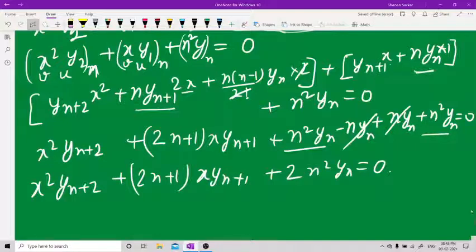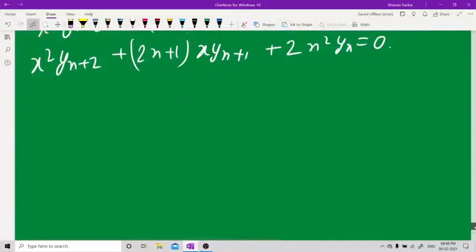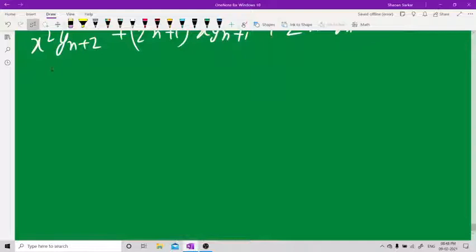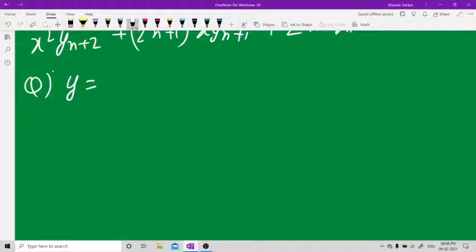Let's do one more problem, a good problem of this type. Let me write the question. The question is y equal to sin(m sin inverse x).